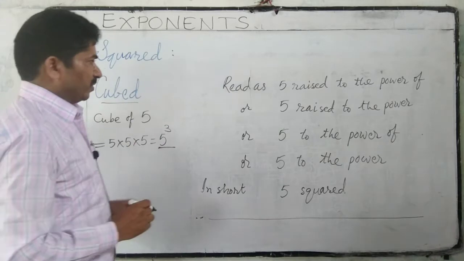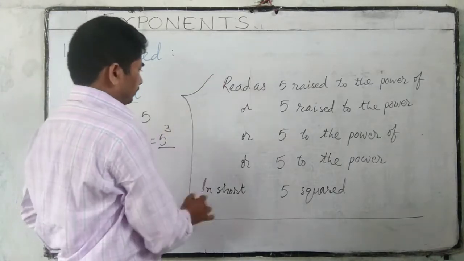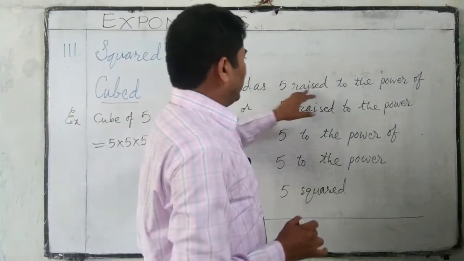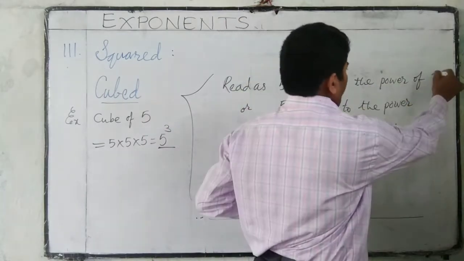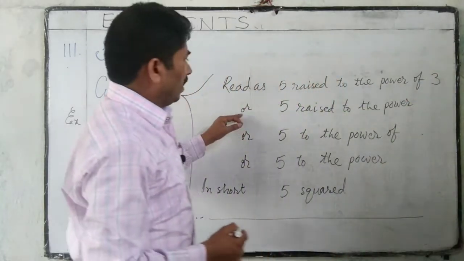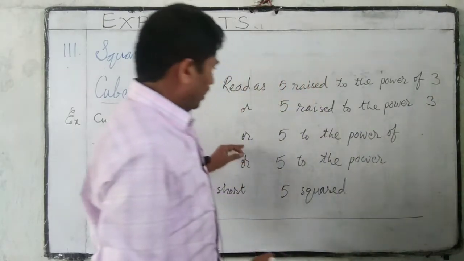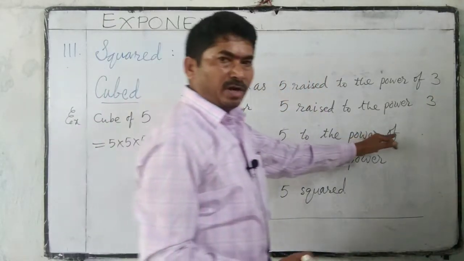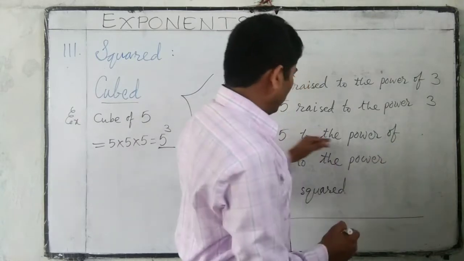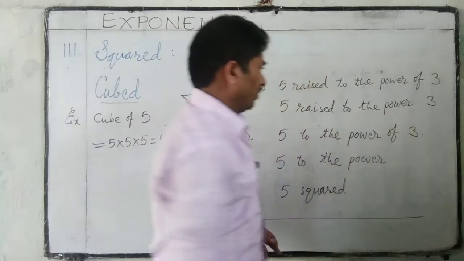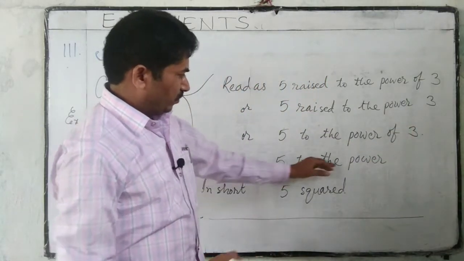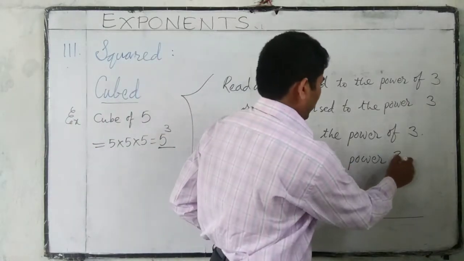5 cubed. We can read it as 5 raised to the power of 3, or 5 raised to the power 3, or 5 to the power of 3, or 5 to the power 3.